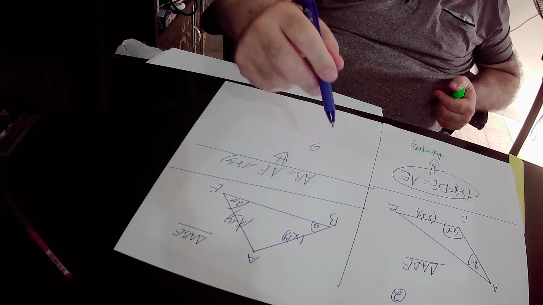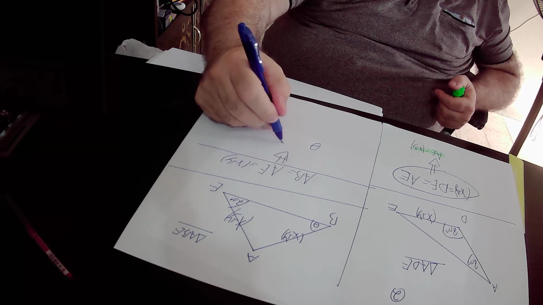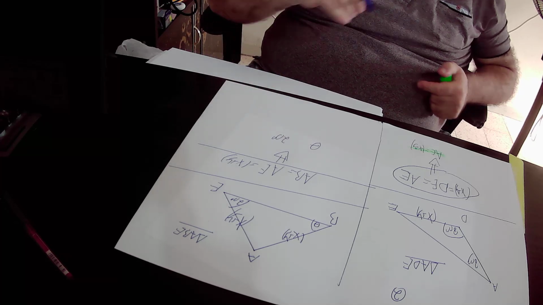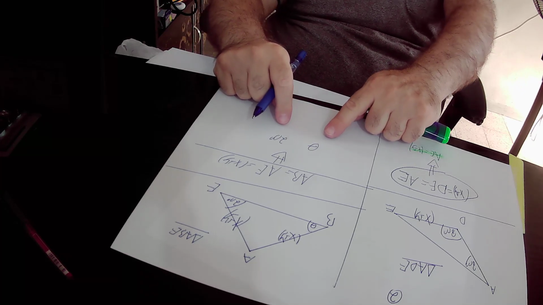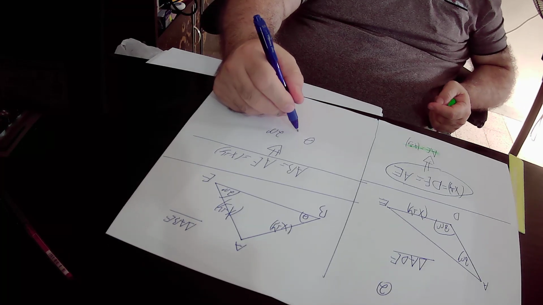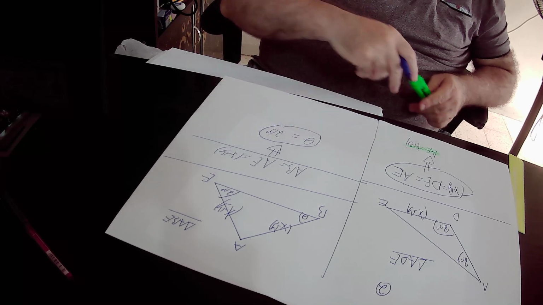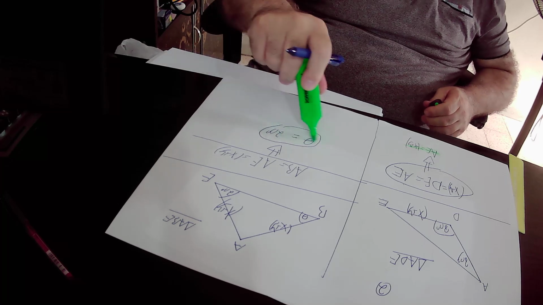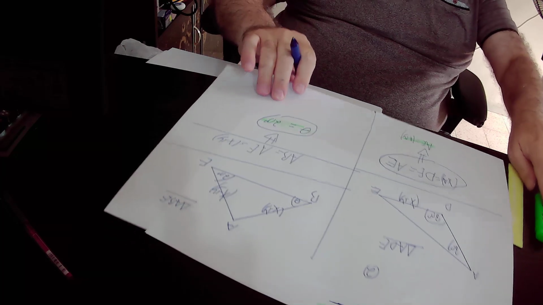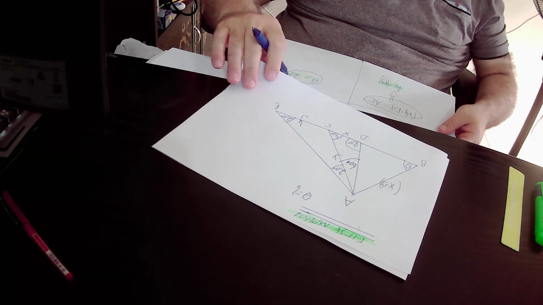In front of this side, we have this angle that is equal to 20 degrees. According to the rule that I mentioned, those two angles must be equal to each other because they are located in front of equal sides. That is to say, angle theta equals 20 degrees. And that is the answer to the question. So we finished with the first method. In the next step I present to you the second method.